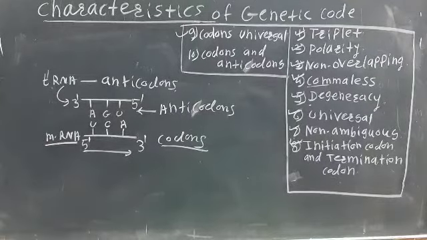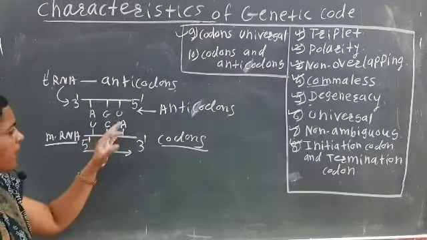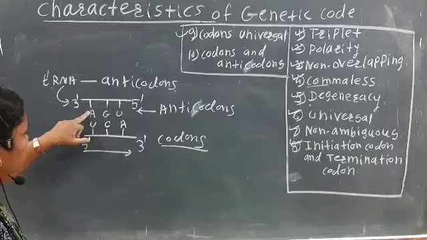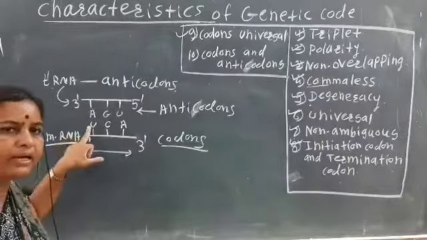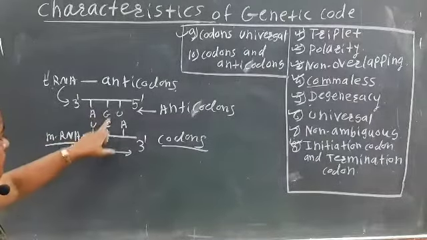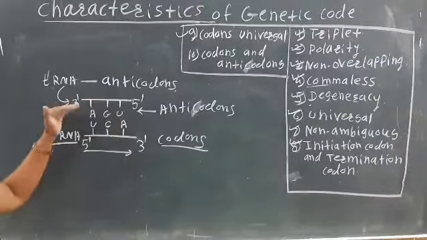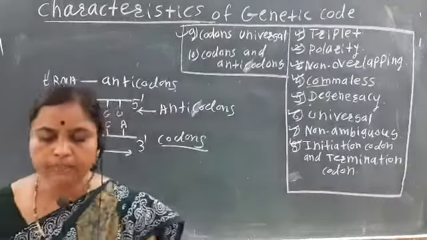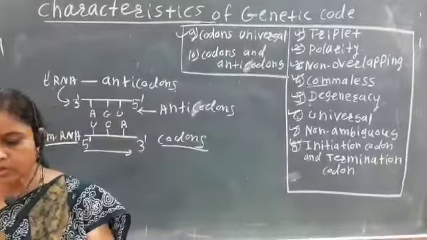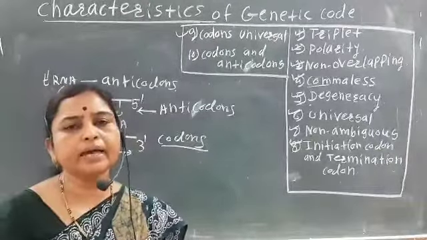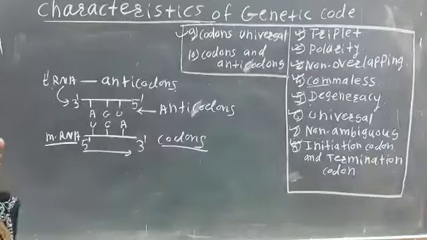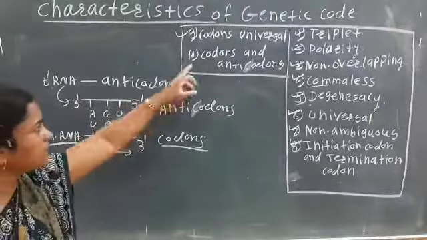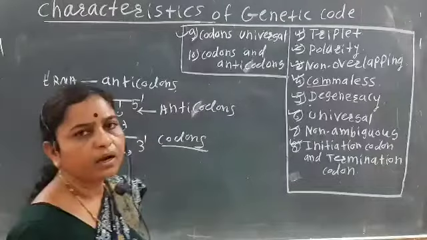Okay, so here the codons and anticodons, they are always complementary. म्हणजे codons आणि anticodon हे complementary असतात. म्हणजे इथे जर adenine असेल तर तो नेहमी uracil असेल, guanine असेल तर cytosine, uracil असेल तर adenine. या पद्धतीने codon आणि anticodon हे नेहमी complementary असतात. Okay, so here the codons of mRNA are complementary to the anticodons on the tRNA. Okay, so it is about the 10th characteristic, that is the codons and the anticodons.